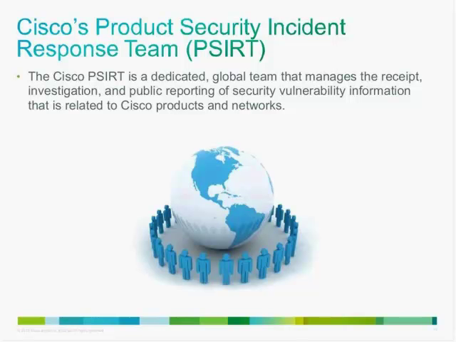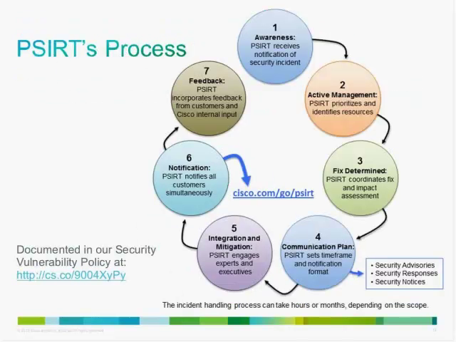In many cases, we also lead the investigation of industry-wide security problems, again working with many organizations in the industry. You can find more information about my team and all of our security deliverables, in other words, all the security advisories that we publish, security notices and responses, at cisco.com/go/PSIRT.